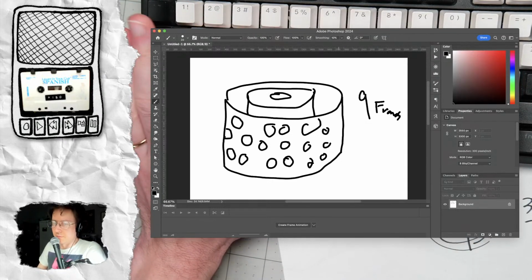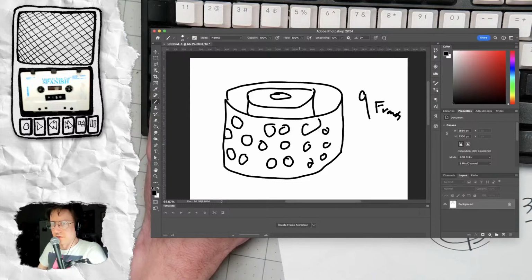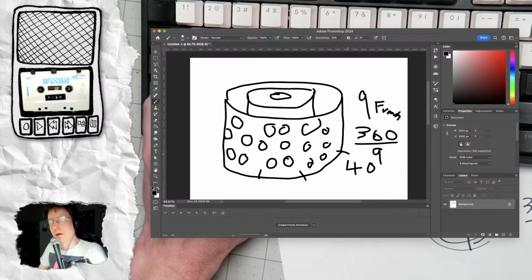It's split up into 9 pieces. So the placement of each of these frames is 360 degrees divided by 9, which means it is 40 degrees rotation between point, point, point.